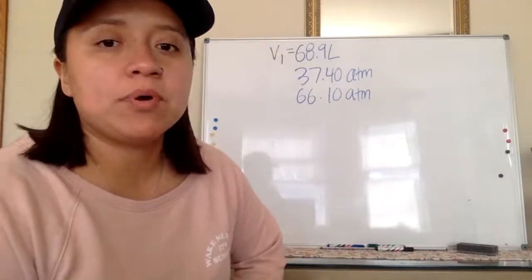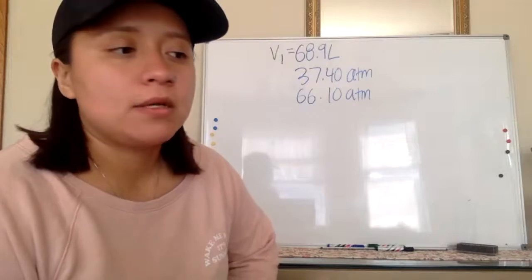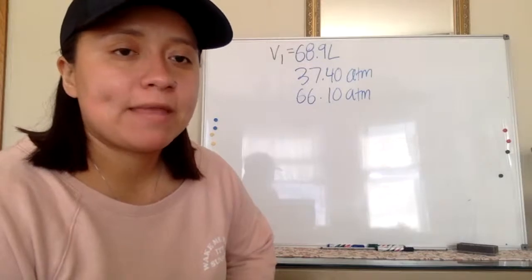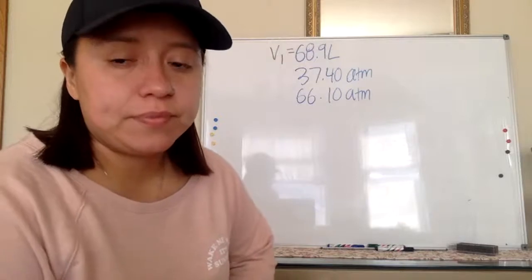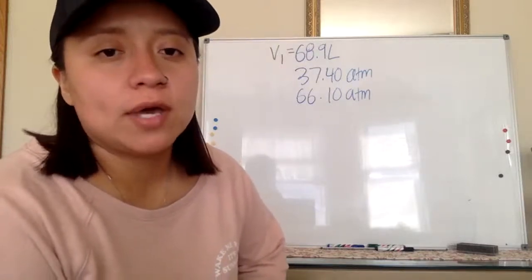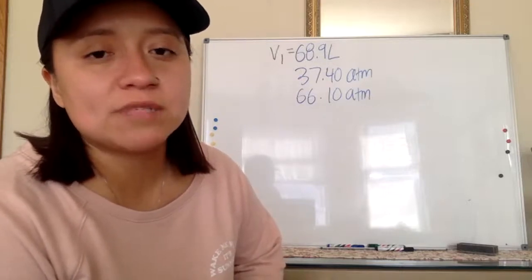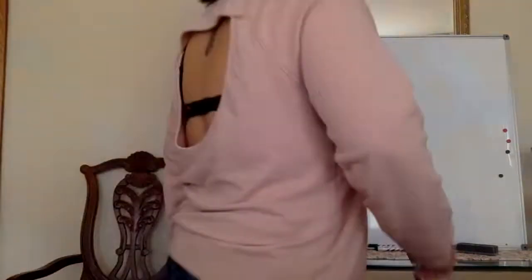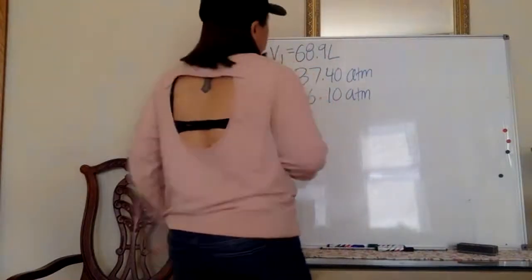What does 37.40 ATM represent? Pressure. Yep, pressure. Okay. ATM is for pressure. Kelvin and Celsius is for temperature, Maya. Yep, so this is our pressure 1. That means this has to be our pressure 2.